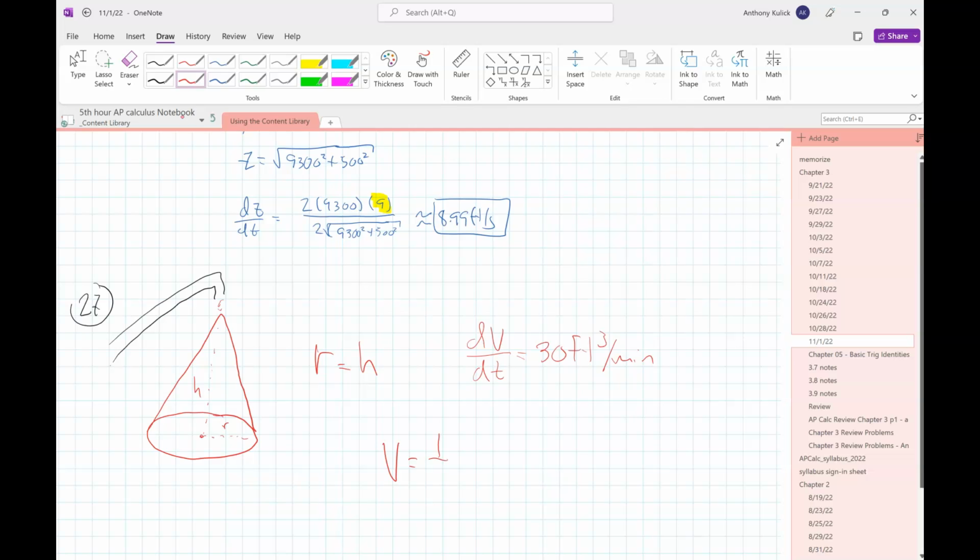So I think that using the volume for a cone makes the most sense here because that's the shape of our pile. Now we're told that r is equal to h, so we'll just make that h cubed, because it's asking us for dh/dt when h is 10.